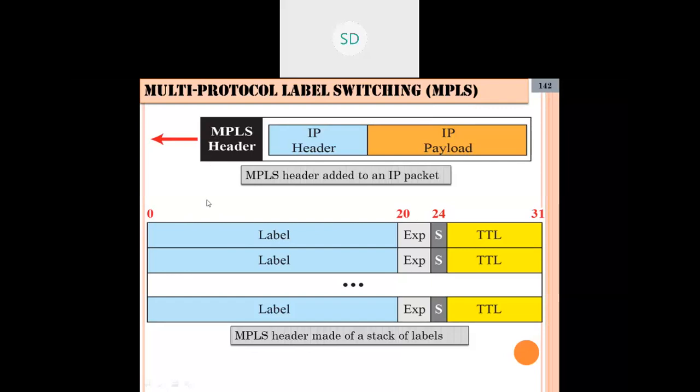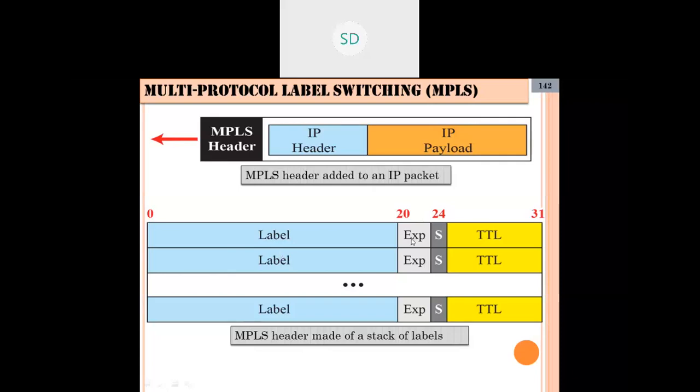The internal structure of this header is given here, a stack-like structure. This label is a 20-bit wide field, and that label is used to index the forwarding table in the router. It acts like an index: initially 0, next 1, 2, 3, 4, 5, 6, and it continues like that. It acts as indexing for the forwarding table.